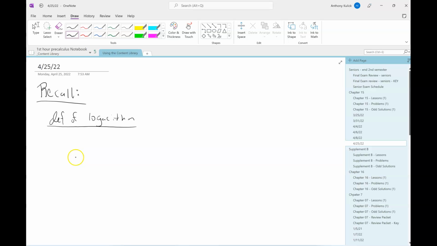If we have the exponential equation b to the x is equal to y, that is the same as x equals log base b of y. Where again here, that value for b has to be greater than 0 and not equal to 1.